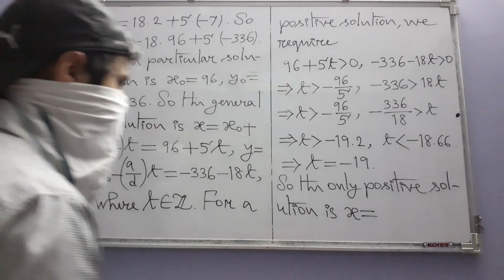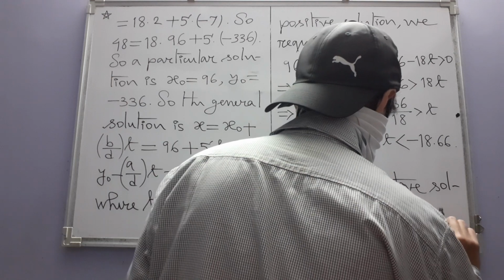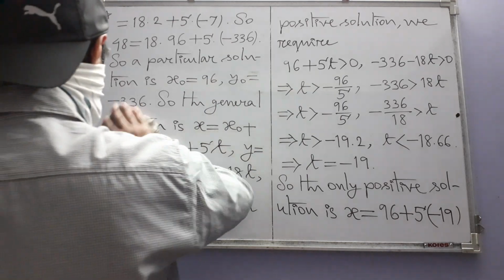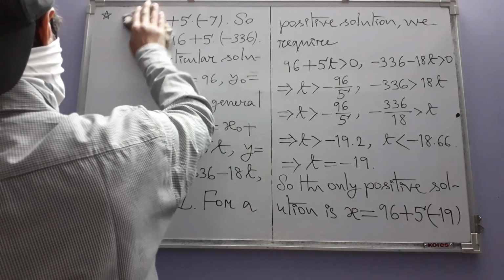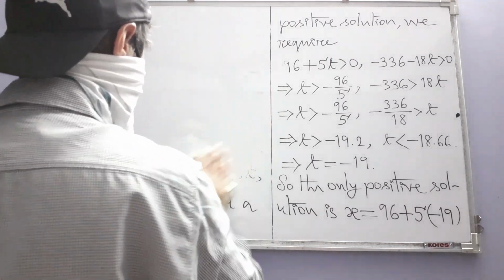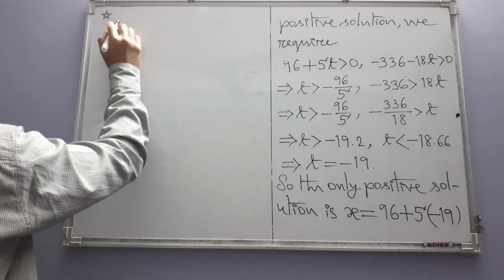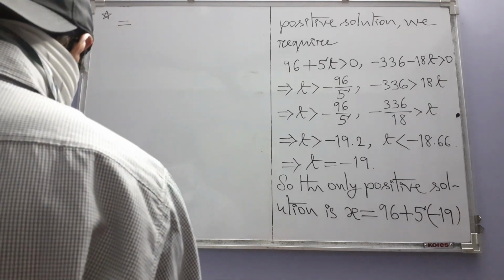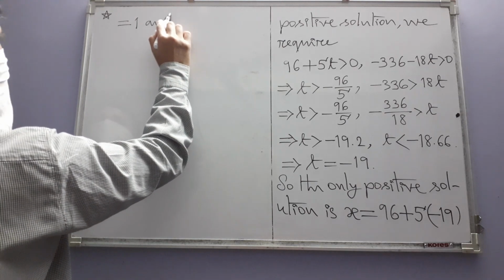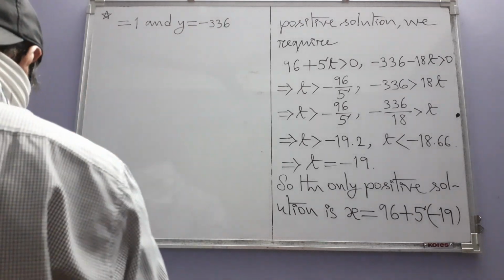So if you use this, 96 plus 5 times minus 19, this becomes 1, and y equal to minus 336, what was it?